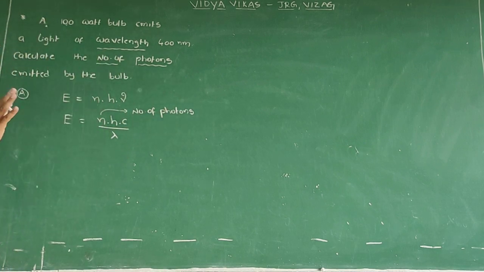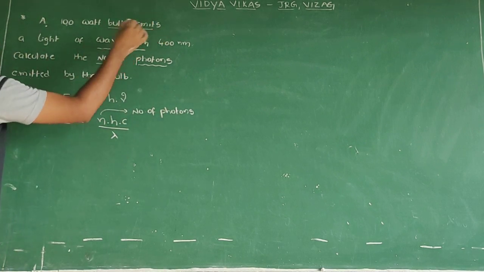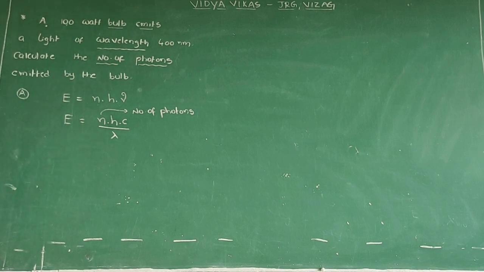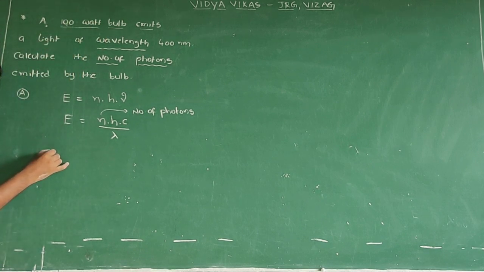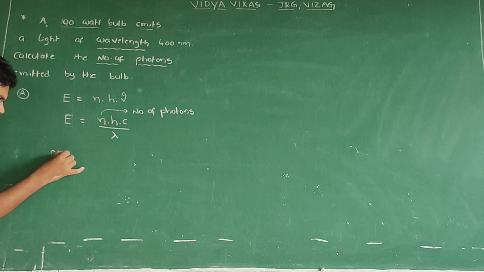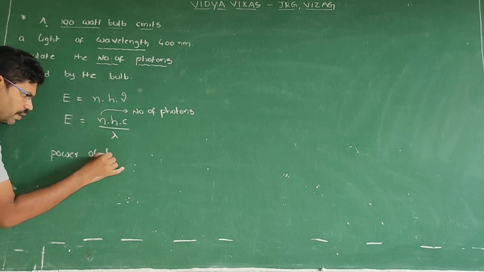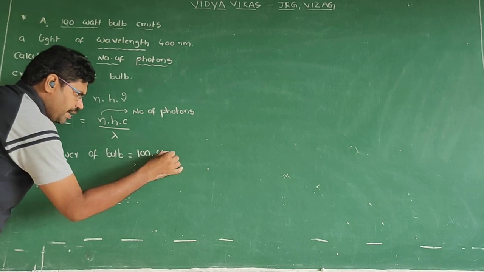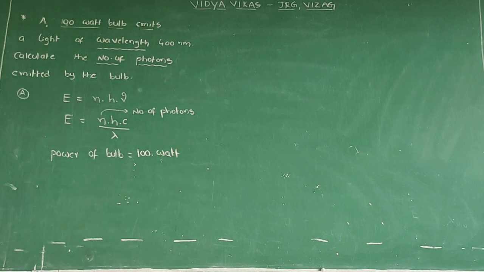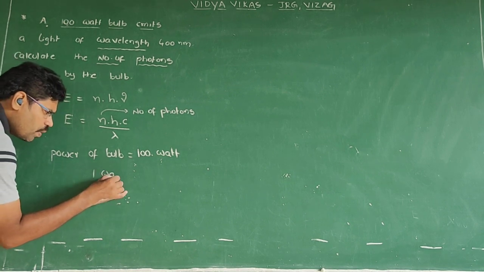But he has just given that the bulb emits a monochromatic light which has power 100 watts. So students, power of the bulb, most important one, what is it? 100 watts, keep in mind. Now, 1 watt means what, sir?